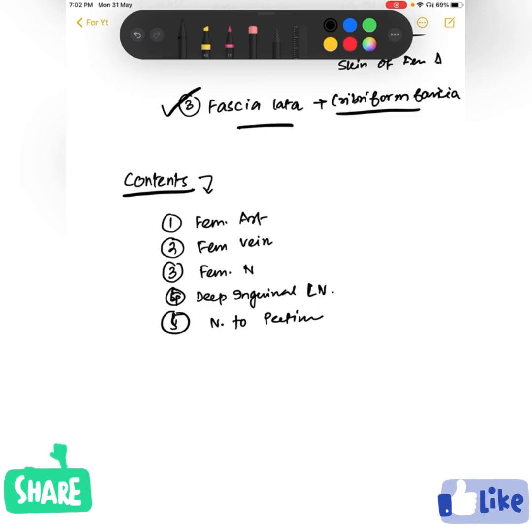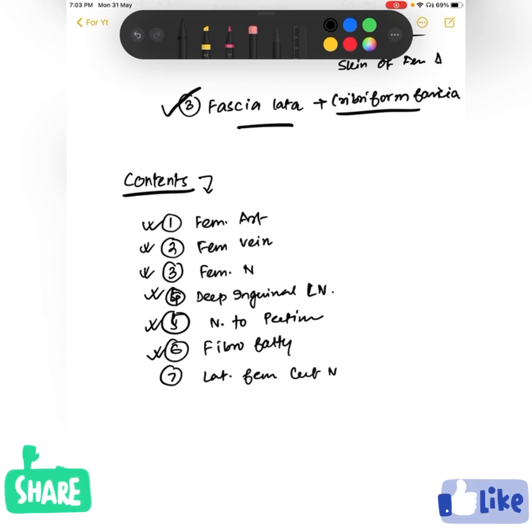We will get to see another important structure, which is fibro fatty tissue. Why am I calling this important? Because this structure is present in every space of the body, in all regions, right? So fibro fatty tissue, nerve to pectineus, deep inguinal lymph node, femoral nerve, femoral vein, femoral artery. And one more important structure, that is the lateral femoral cutaneous nerve.